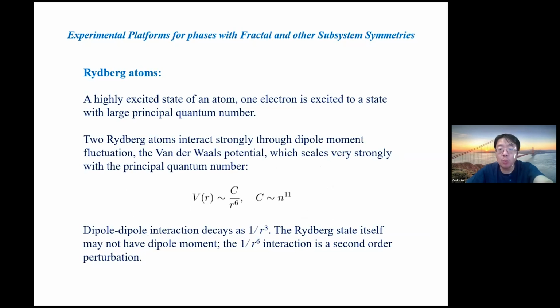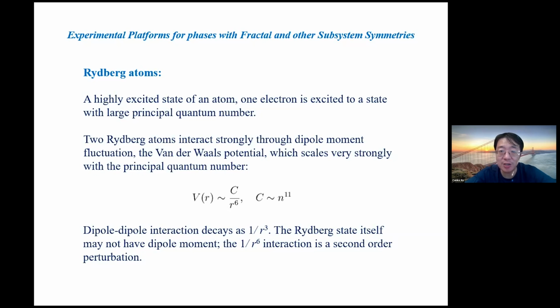But because it goes as 1 over r to the 6, the interaction decays very fast for the next neighbor. The nearest neighbor will have a very strong interaction, but the next neighbor can have a very weak interaction. So this system is perfect for realizing some strongly interacting local Hamiltonians. First of all, the atoms interact strongly through van der Waals interaction.